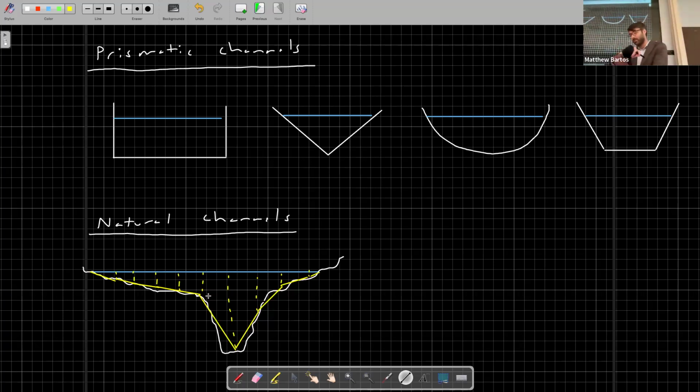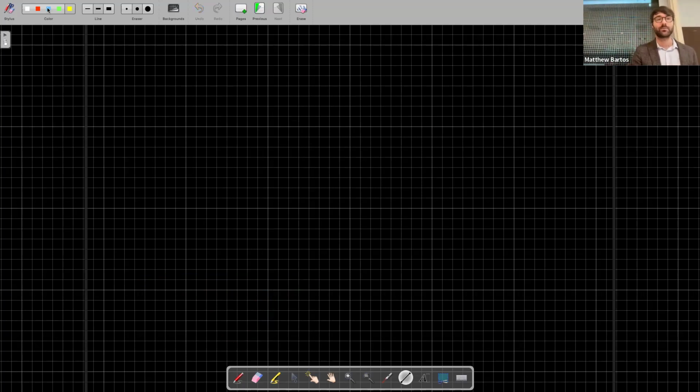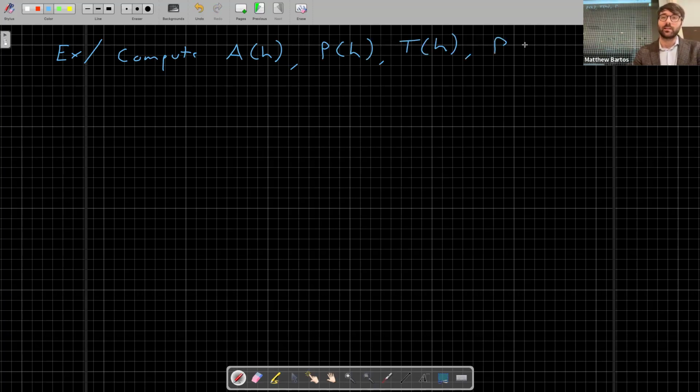Okay, let's go through an example of computing hydraulic geometries for different channel types. So first, let's look at a rectangular channel and let's compute the cross-sectional area as a function of the depth, the wetted perimeter as a function of the depth, the top width as a function of the depth, and the hydraulic radius as a function of the depth.